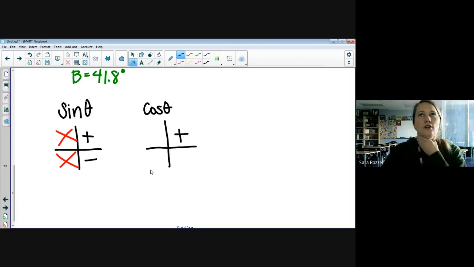So which one do you think we're going to use? We're going to use 2 because that's the one that is connected. These are the ones that are right next to each other. So we're going to no-go here, no-go here. So if they're asking you about cosine, you're only looking in quadrants 1 and 2. 1 for positive and 2 for negatives.